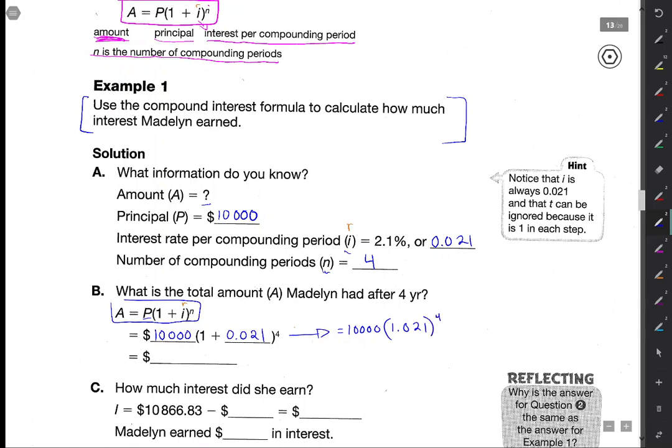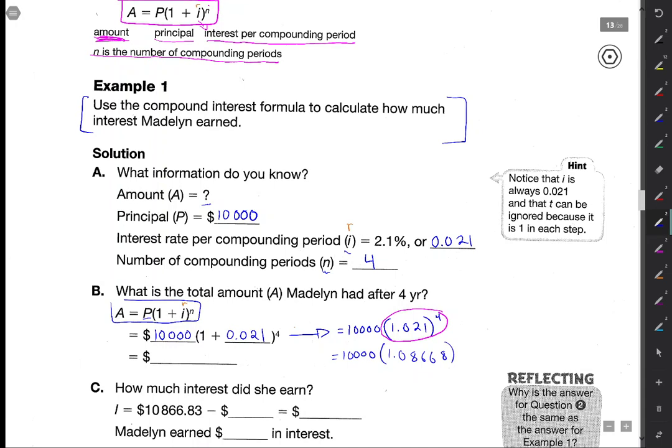So if we're following BEDMAS, we would continue with the exponent next. But keep in mind that this exponent is only attached to what's in the brackets. So in our calculator we're going to do 1.021 to the power of 4. That $10,000 is going to stay the same. And 1.021 to the power of 4 is equal to 1.08668.